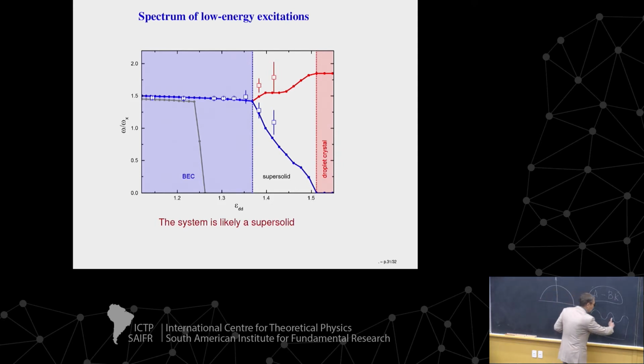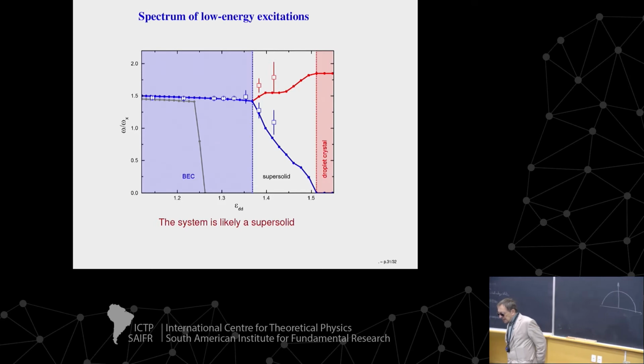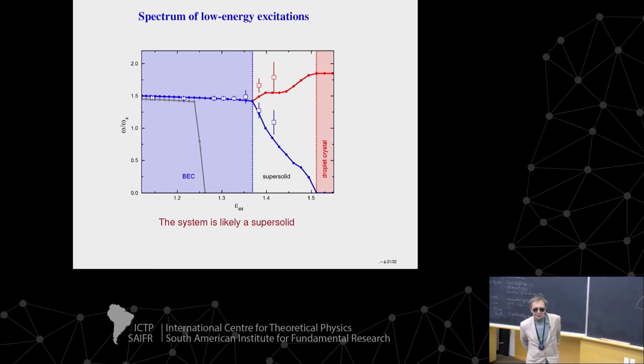Do they flow with the same velocity? Or, let's say, the lattice structure is standing and this one is flowing with a certain velocity, or they flow with two different velocities? And Francesca Ferlaino says that the last option, with different velocities, is likely to be the case.